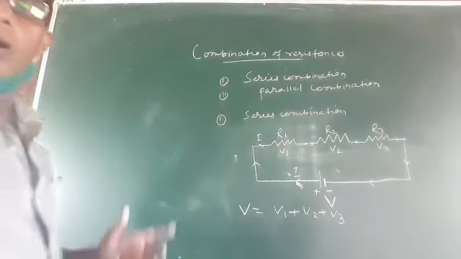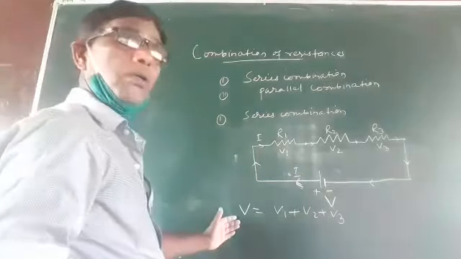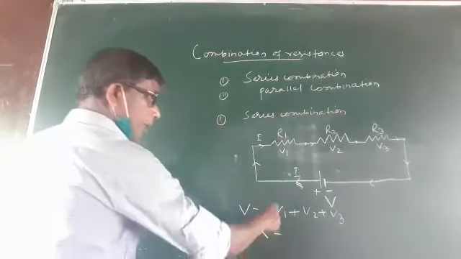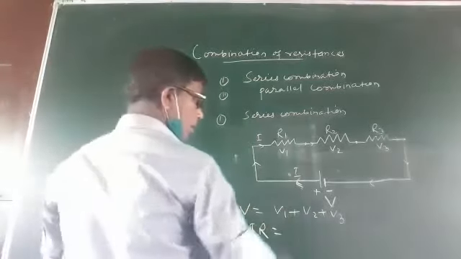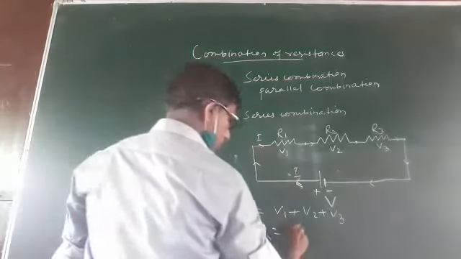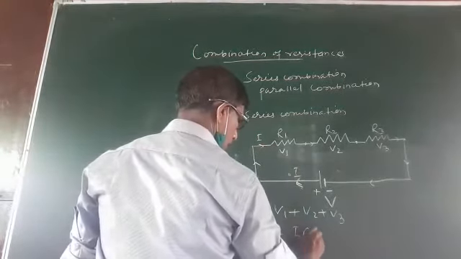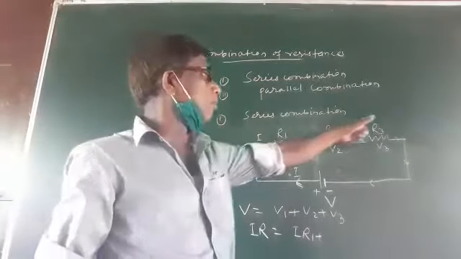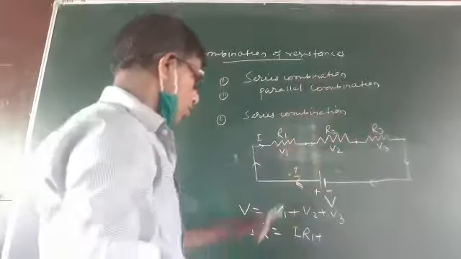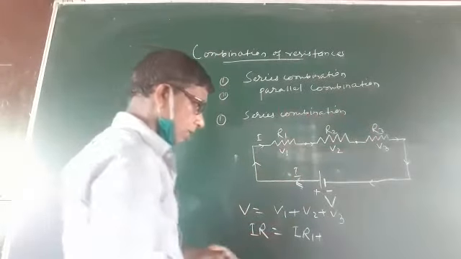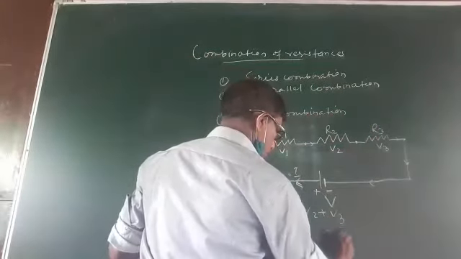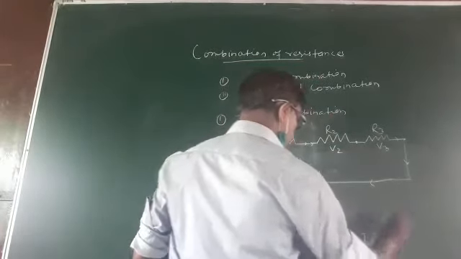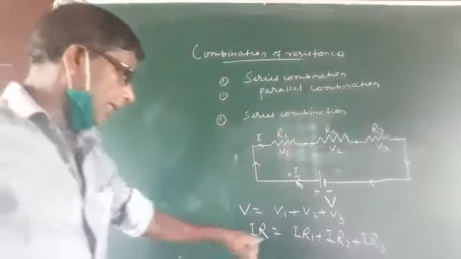From Ohm's law you know V equals IR, and V1 equals I R1. In series, current will be the same through all the resistances. So V1 equals IR1, V2 equals IR2 and V3 equals IR3.